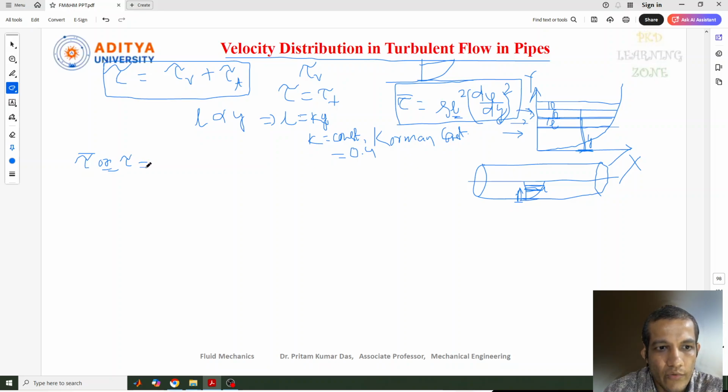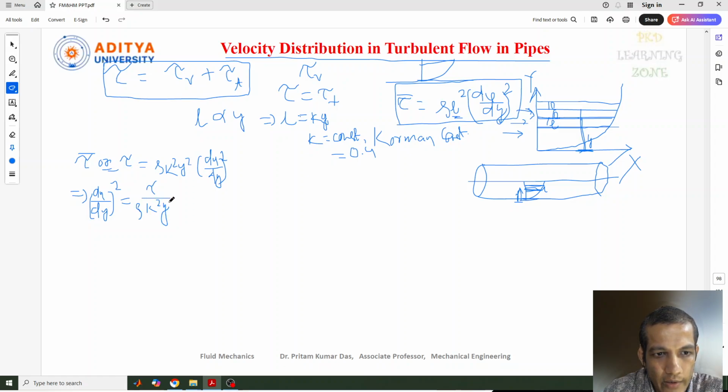Here we'll get rho K square y square, and du by dy whole square. This is the equation. Now let's keep du by dy whole square on one side and take the remaining terms to the other side. So du by dy whole square equals tau by rho K square y square.